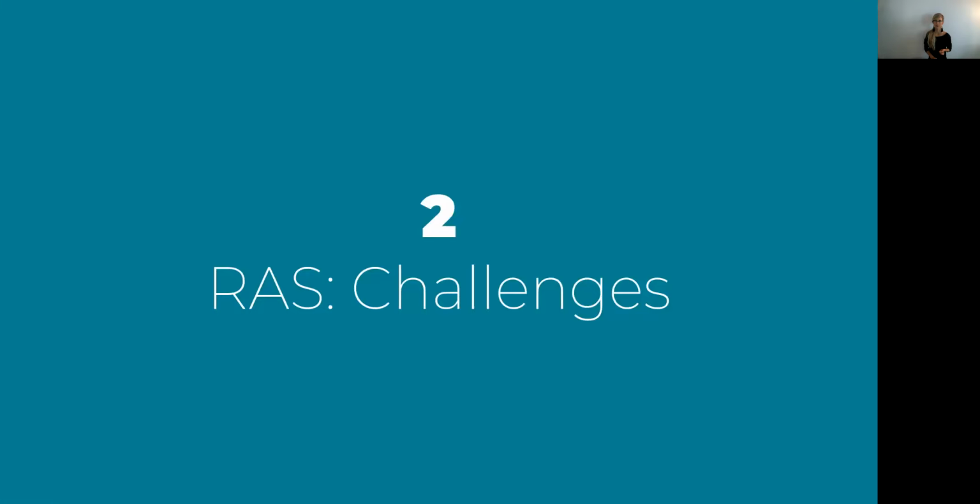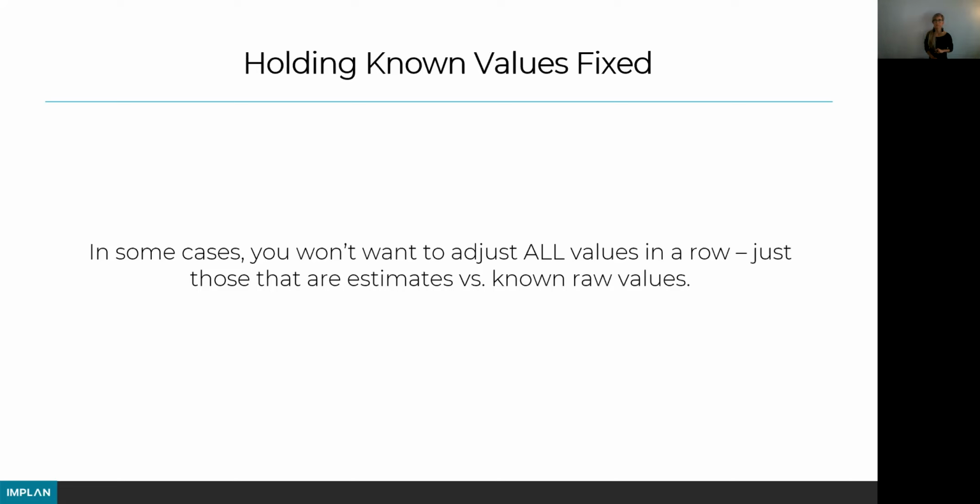Okay, a couple challenges I want to point out before going into our example. One is holding known values fixed. It's usually the case that you're not adjusting all the values in a matrix. Some values might be raw data that is a known value that is good, and you don't want to change that value. You just want to change the ones that are estimates.